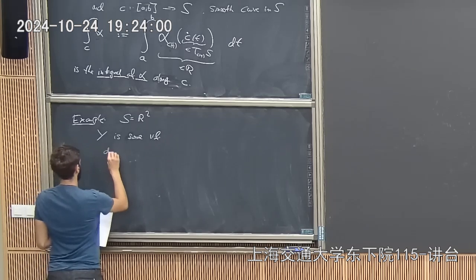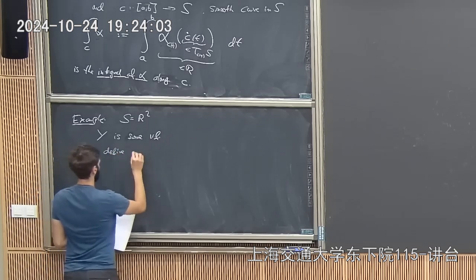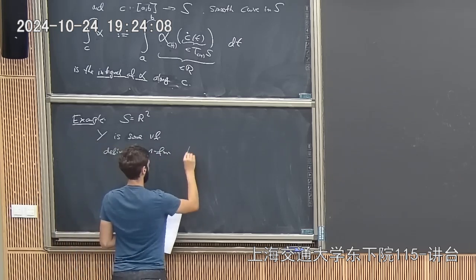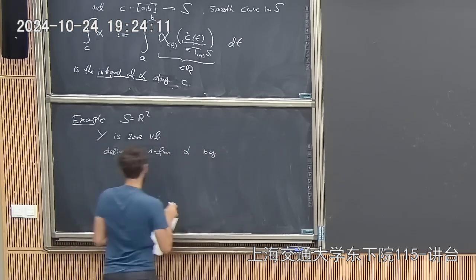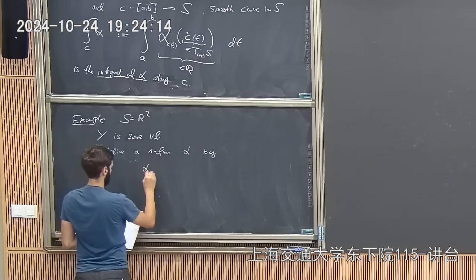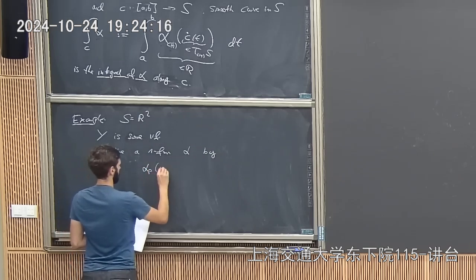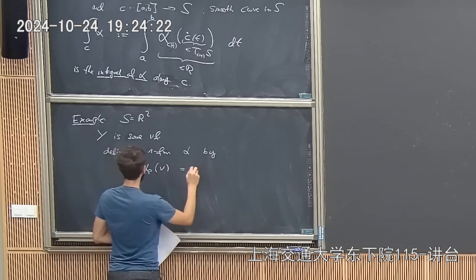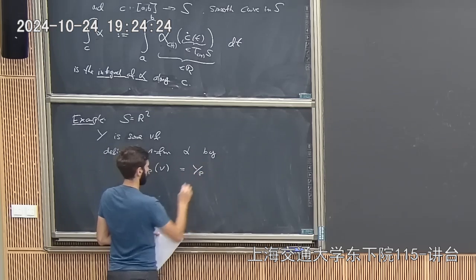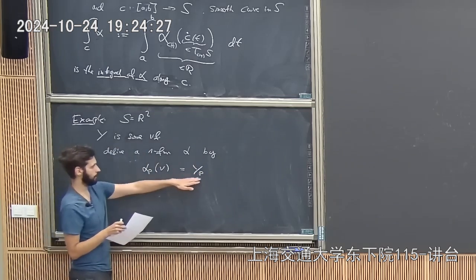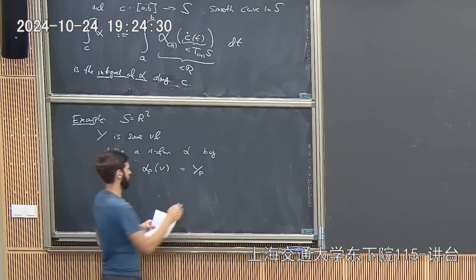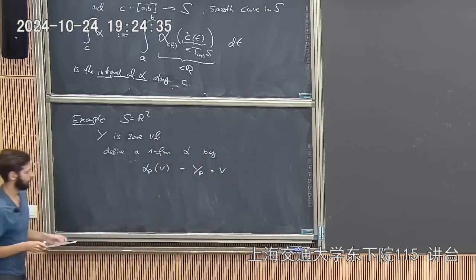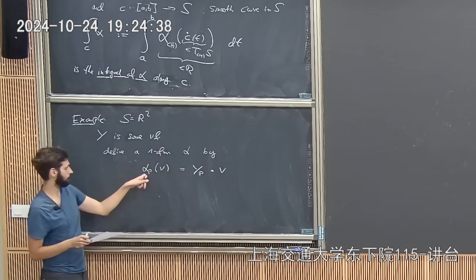Then define a one form alpha by saying we have alpha at some point p that eats a tangent vector, and what we do is we take the vector field evaluated at the point p to give us some vector, and then we take the dot product with v, and that clearly is a linear map for every p.